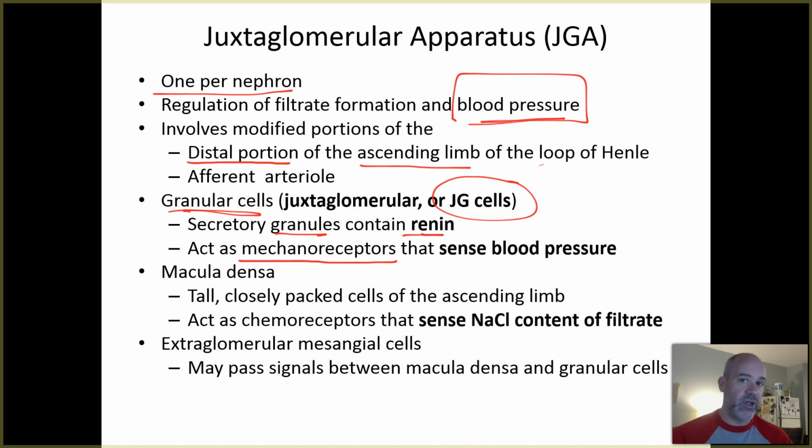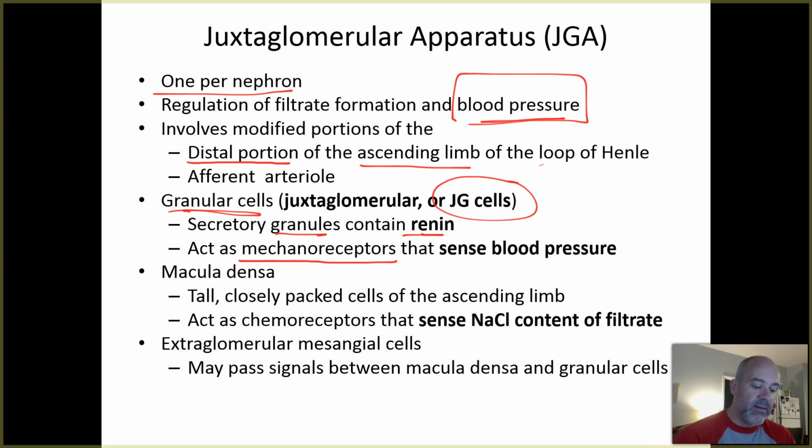That means they're stretch receptors. So if blood pressure is going up, these granular cells can tell the afferent arteriole is getting stretched like this, and so they're able to sense that and make adjustments accordingly and take action according to what they're sensing.